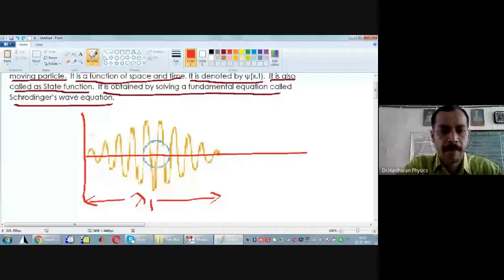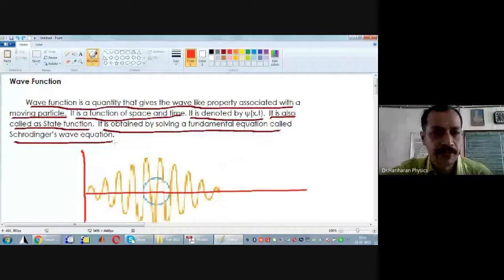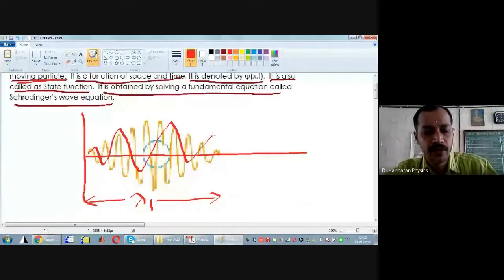So what is a wave function? A wave function is a quantity that gives the wave-like property associated with a moving particle. It is going to be a function of space and time. Can you see here? This matter wave is spread in space, therefore it is a function of space.